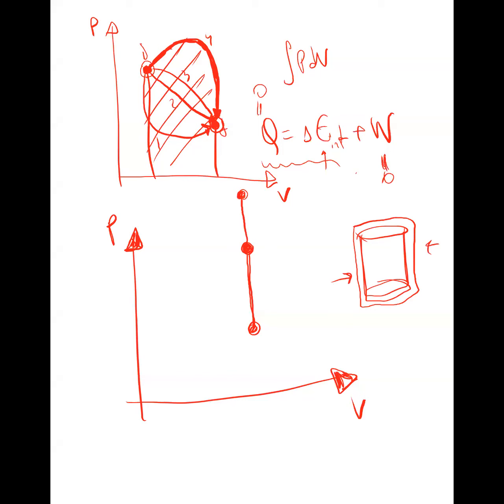And if Q is 0, then my equation reads negative change in internal energy is equal to work. What this equation basically means is that if there is no energy added to the system or taken away from the system, then if I want to do work, I have to spend my own internal energy.